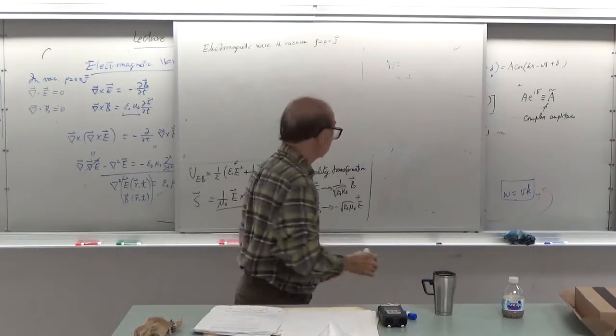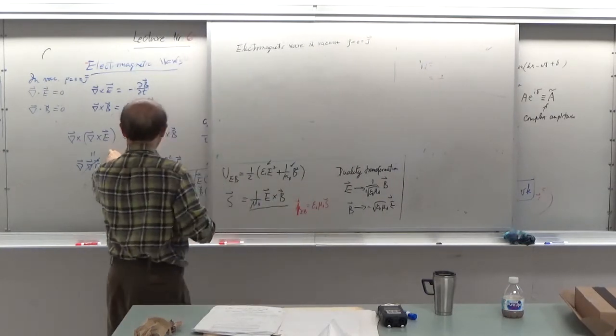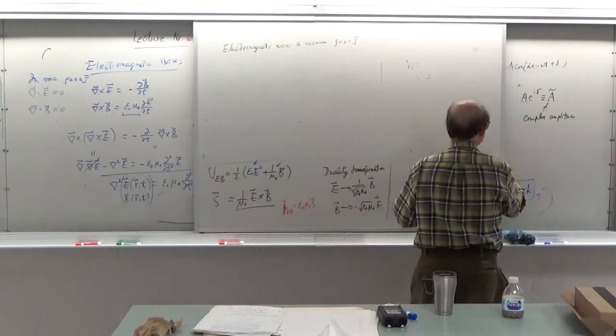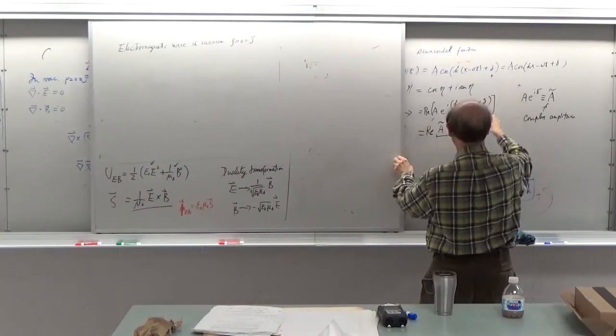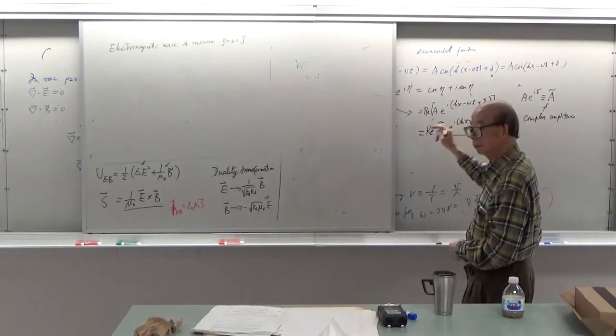We know that our electric field E and magnetic field B can be written in terms of this kind of wave.